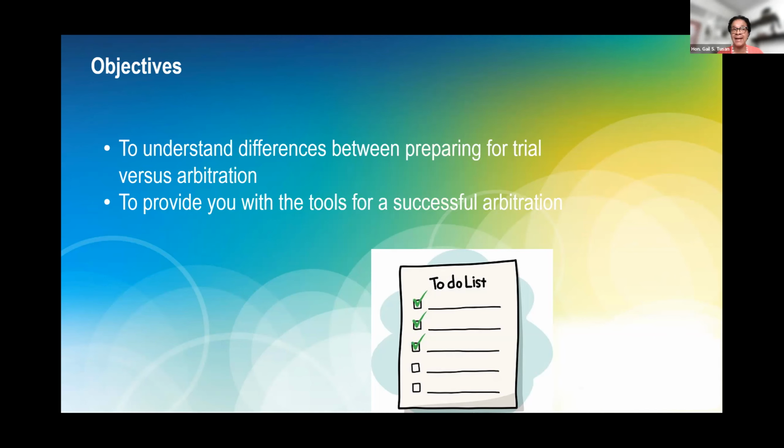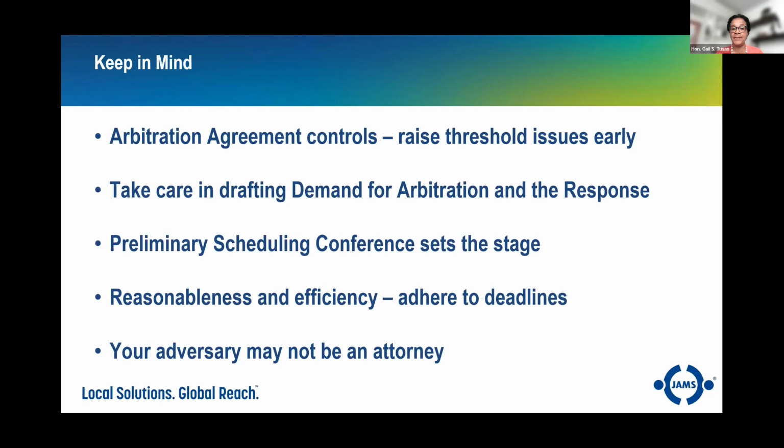There has been a good bit of discussion about knowing your arbitrator, getting an arbitrator that is really going to be hands-on and manage the arbitration. That is so very important. Most arbitrators are going to have a preliminary scheduling conference set up early in the process so that you have deadlines, understand the arbitrator's expectations and can do your best to meet them, as well as raise any issues or questions that you might have.